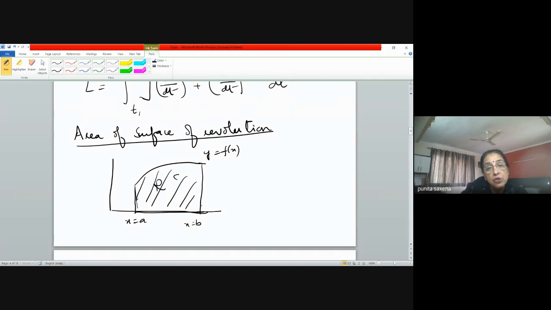When this solid portion of the curve was revolved about x-axis, we got a solid and we could talk of its volume, right?